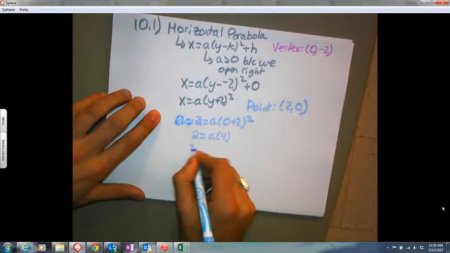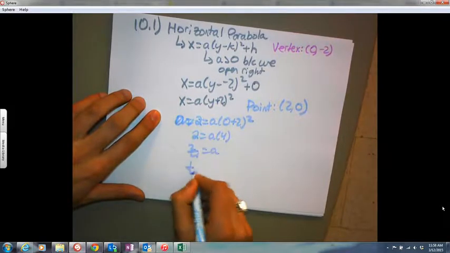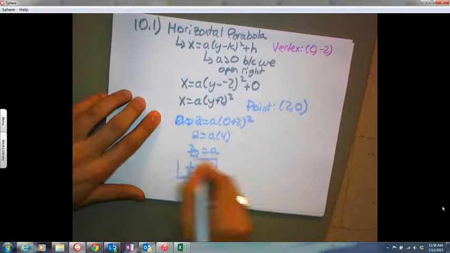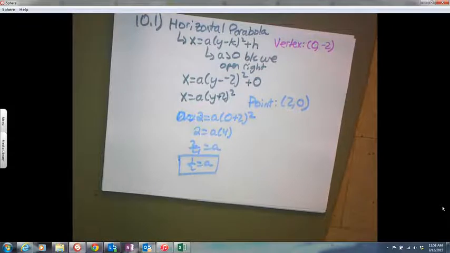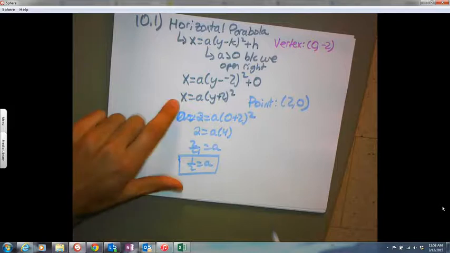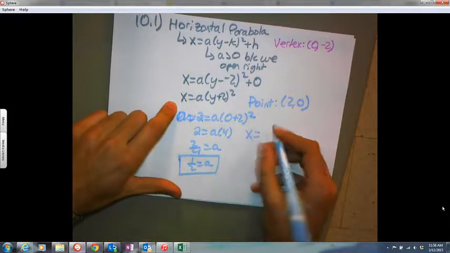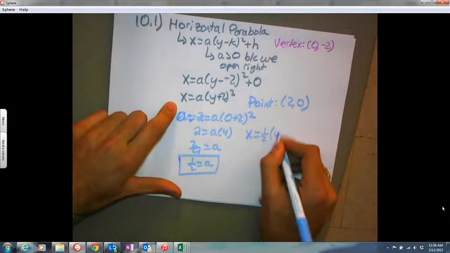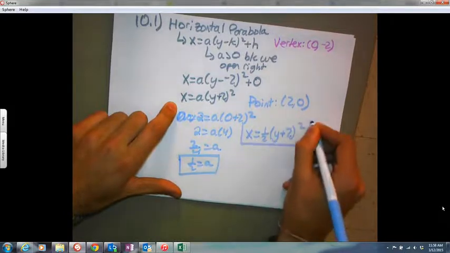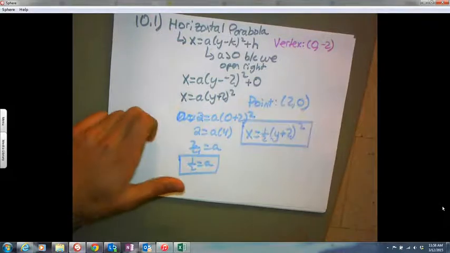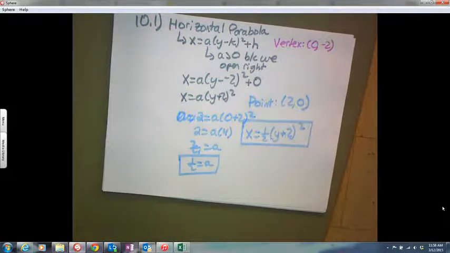Let's verify you're agreeing with me on what a is. Once you've got a, you can then write your equation. And now we also need to find domain and range. We can do that by using our picture. I'll do that over here on the left.